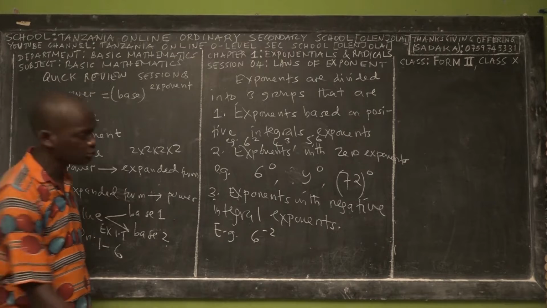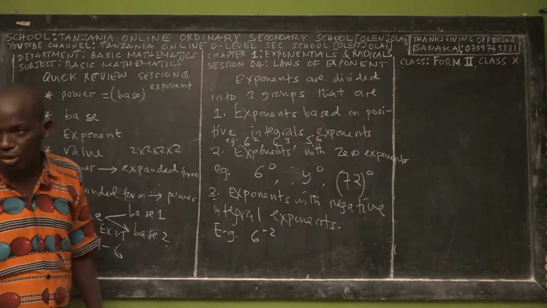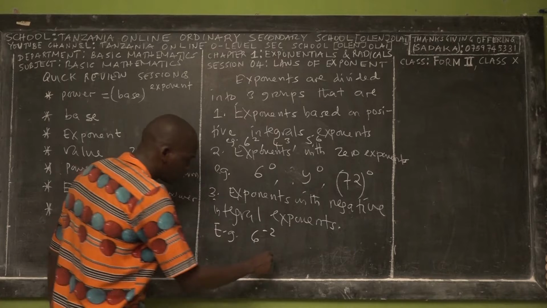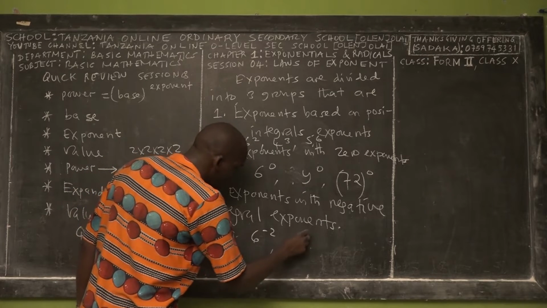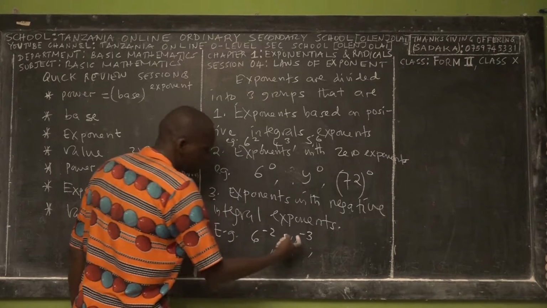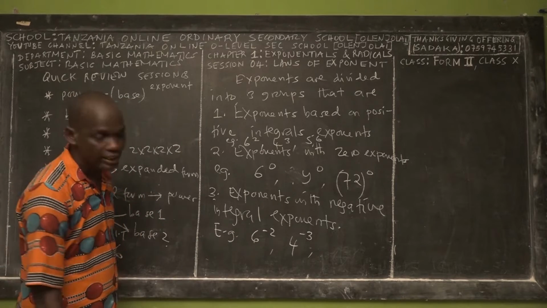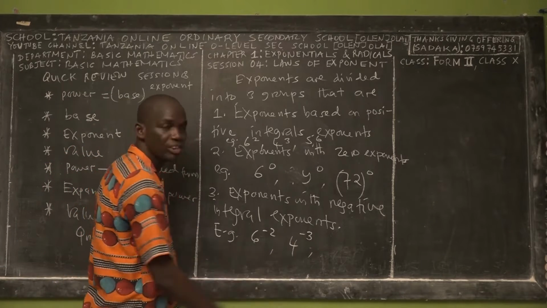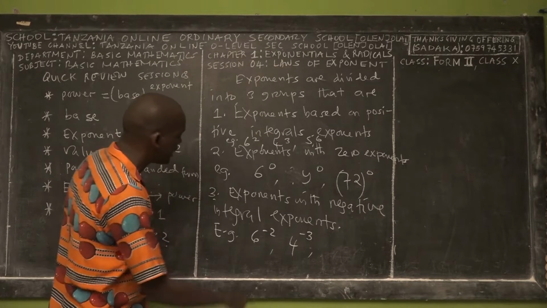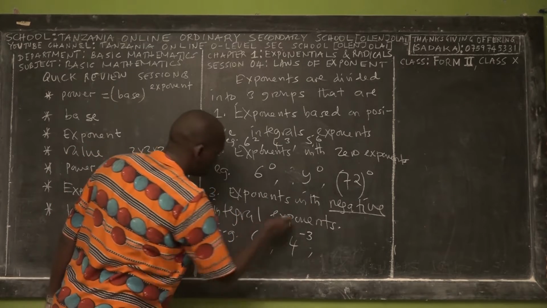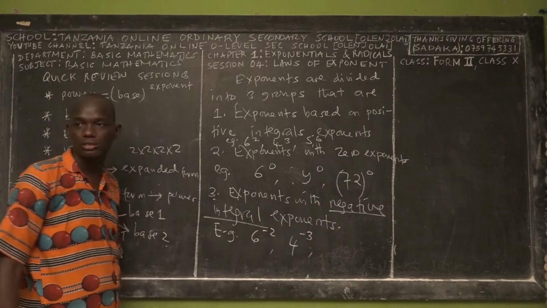So you see the exponent here is negative. It's no longer positive. And then also you can have, let's say, 4 power negative 3. Here the base is 4, exponent is negative 3. So that's the meaning of exponents with negative integral exponents.